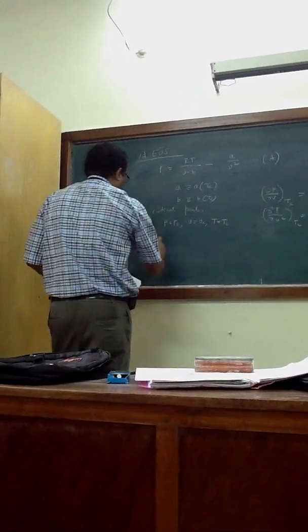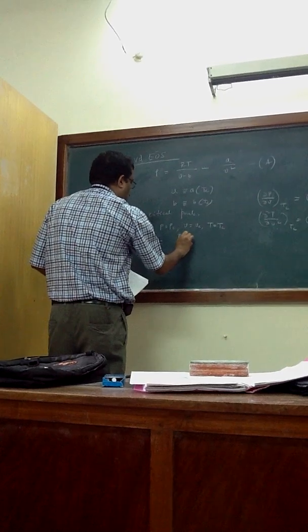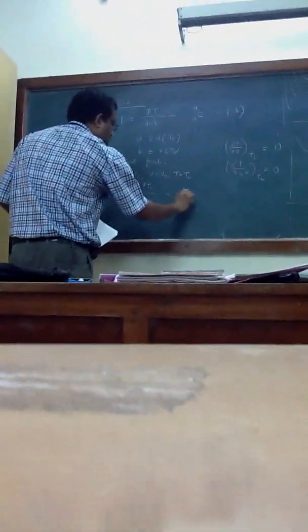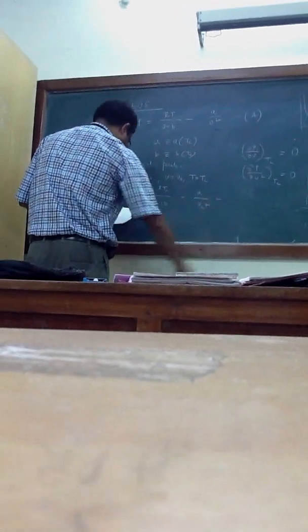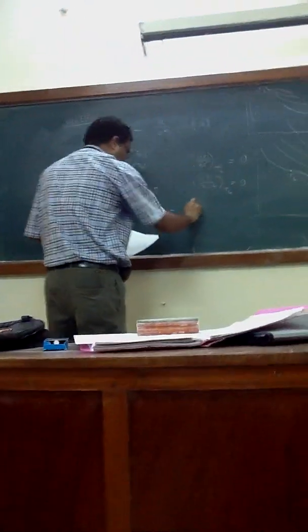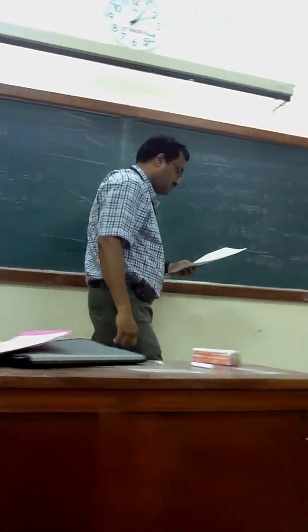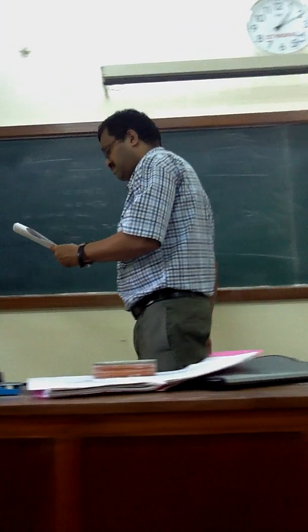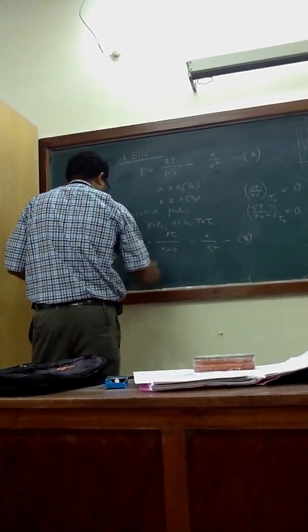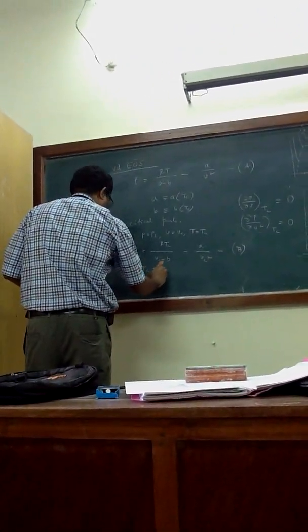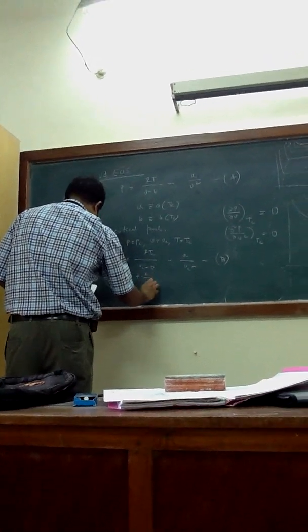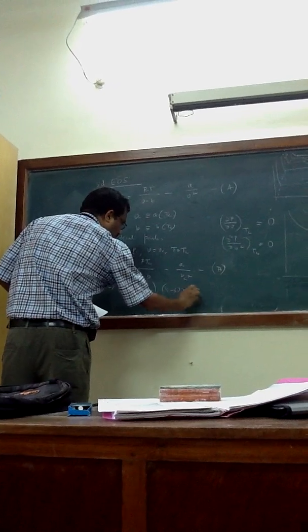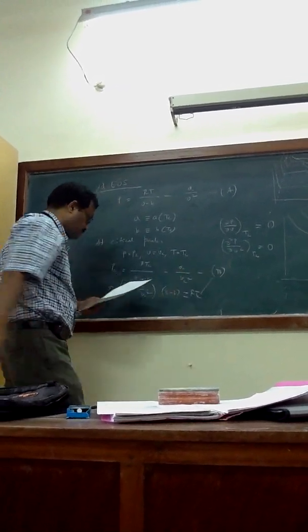At the critical point also, PC equals RTC by VC minus B, minus A by VC square. Equation number A. You can also write this as PC plus A by VC square into VC minus B equals RTC. Whatever way, both the equations are accepted.